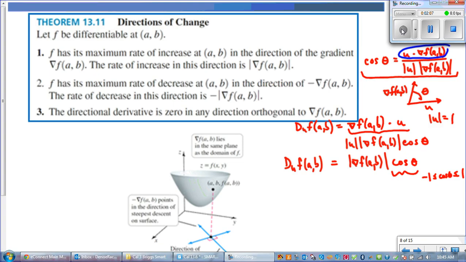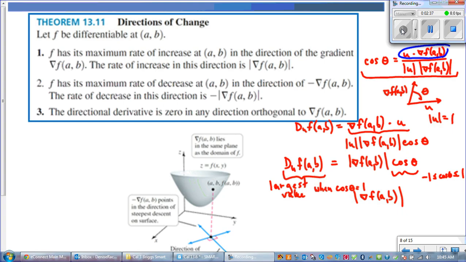If I'm trying to determine what is the largest possible value this directional derivative can be, it's going to occur when cosine of theta is equal to 1. And the largest directional derivative then would be the magnitude of the gradient.